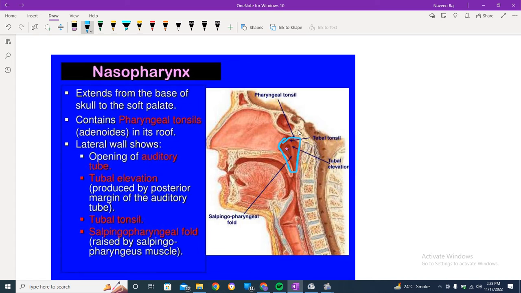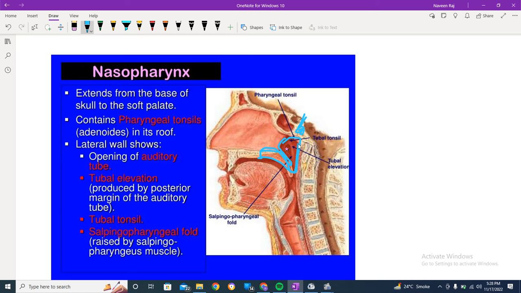Some part of the brain is seen over here. So it starts from the base of the skull, somewhere here, and goes to the soft palate. The soft palate is right over here, somewhat here. So this is the nasopharynx, the one which I've shown with blue.